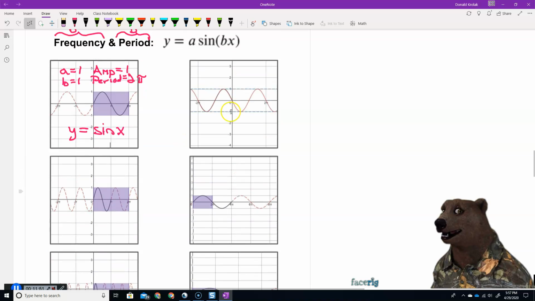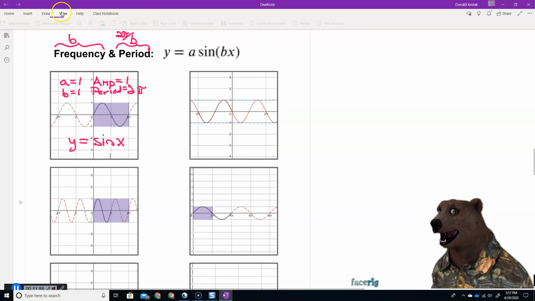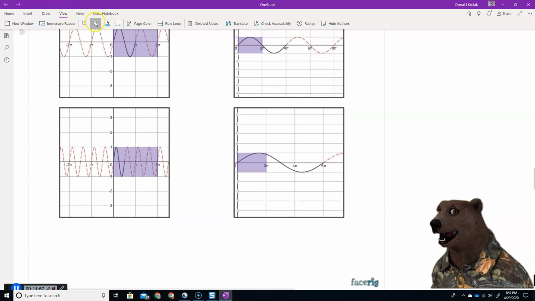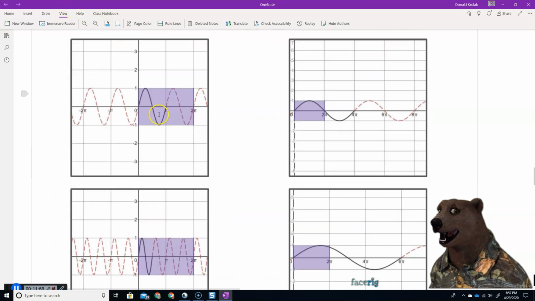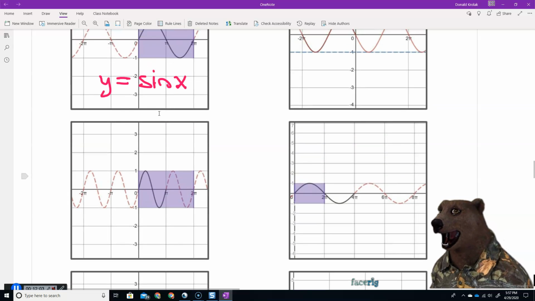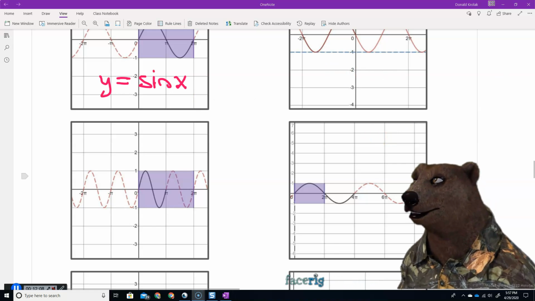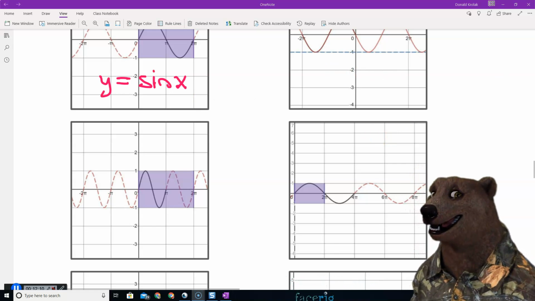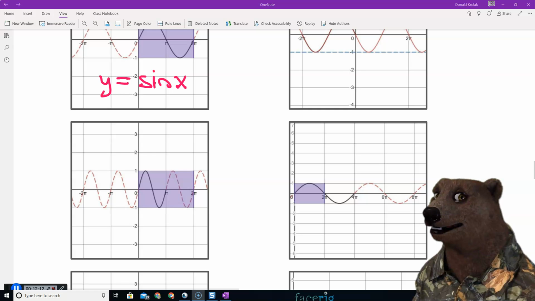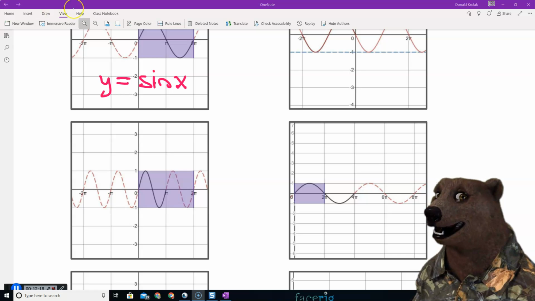All right, now if you look at the next one here, you see more than one cycle. I can see 2 cycles of sine in that shaded area. That shaded area goes from 0 to 2 pi.